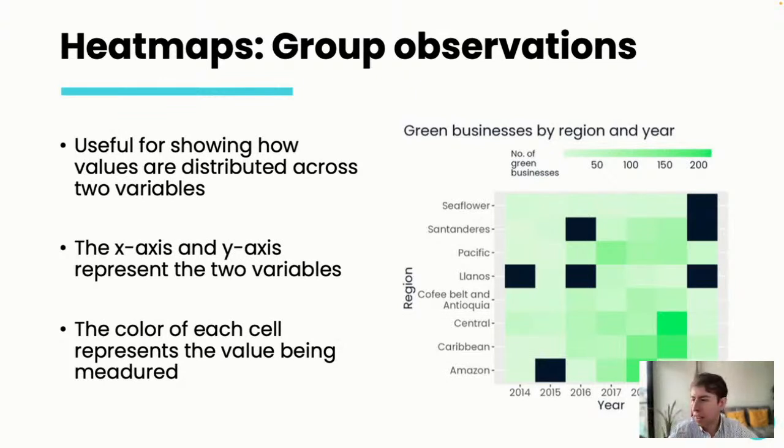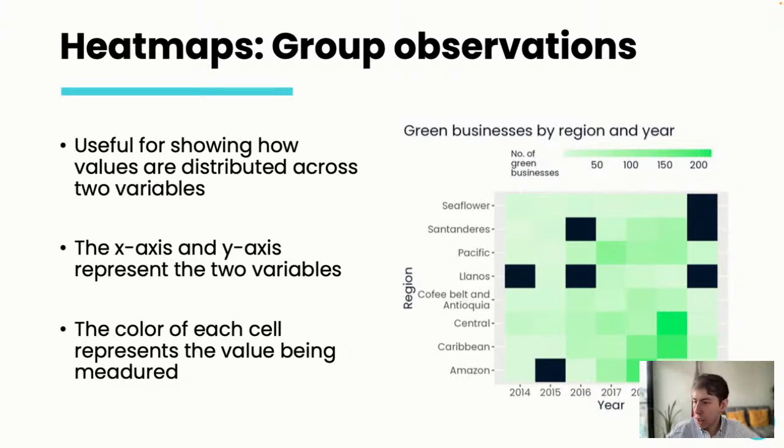And finally, the way that this plot conveys information is through color. The color of each cell, of each square in those combinations of variables, tells you when the observations are more common or less common. So in this case, you could see, again, the green businesses grouped by the region variable and the year variable. I was trying to understand which of the combinations were most common.